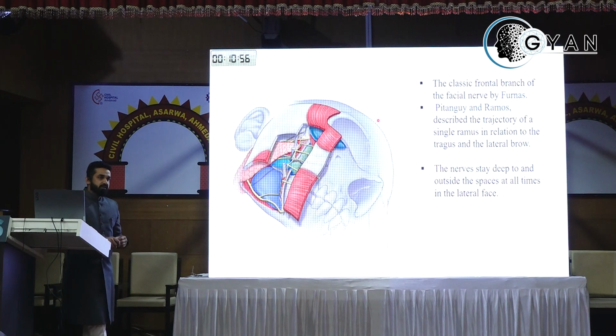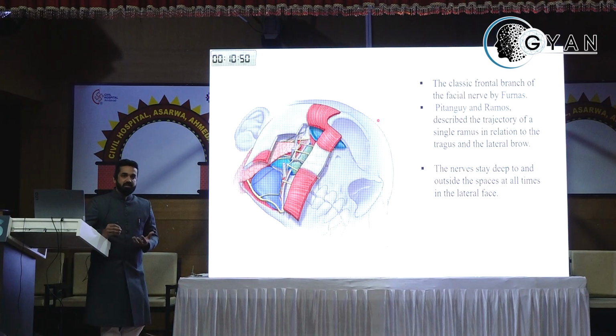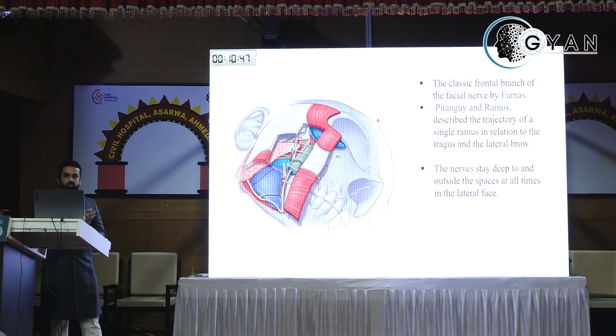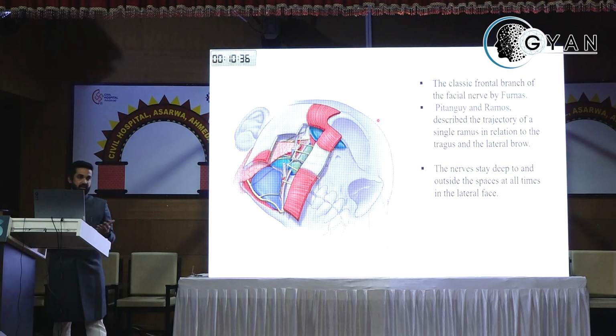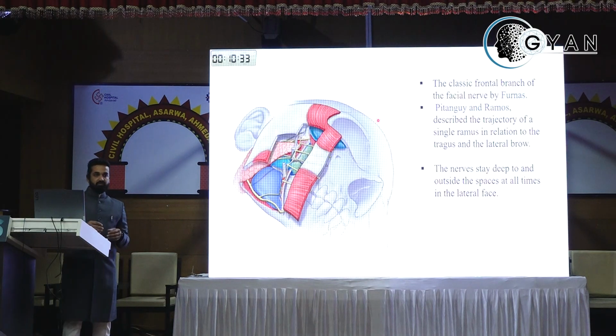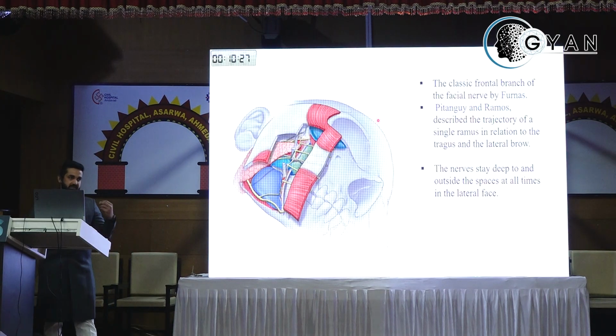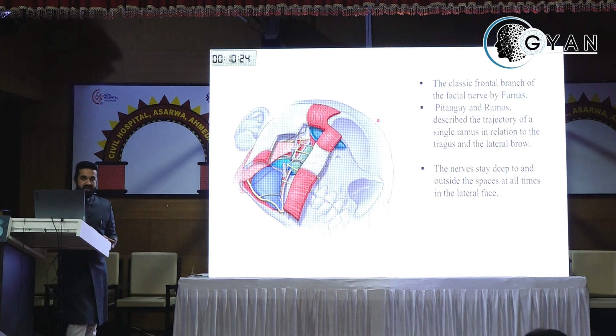So now let's talk about the branches, because I would say that facelift surgery kind of drapes around the facial nerve. It is like a queen walking through the face, and all the anatomy has been built around the facial nerve. So we have to understand the various branches that are there on the face, and we have to save them during the facelift, because there are certain classical papers written by Furnas back in 1965, where he mentioned the course of the facial nerve trunk, followed by Pitanguy and Ramos, who talked about the trajectory.